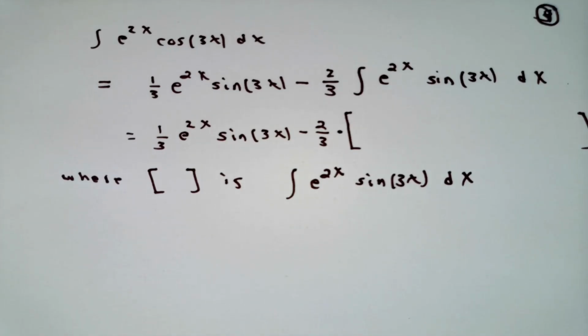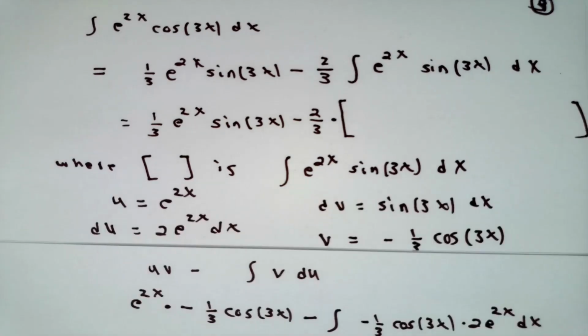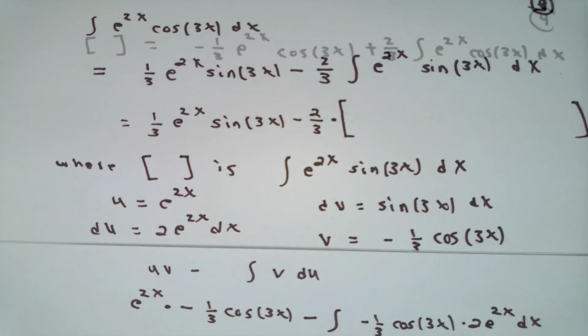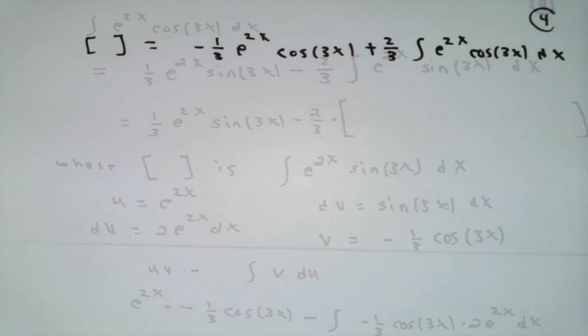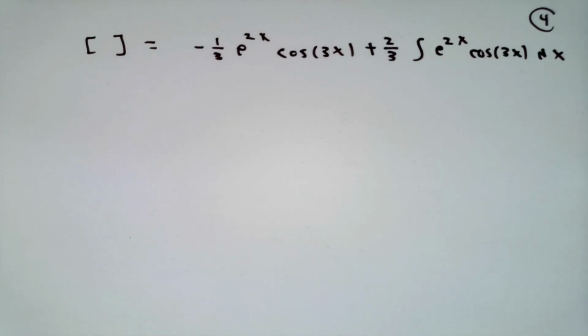The v is negative 1/3 cosine 3x, and then I can write the integration by parts formula down again. The quantity inside the square brackets is negative 1/3 e to the 2x cosine 3x plus 2/3 times the integral of e to the 2x cosine 3x dx.